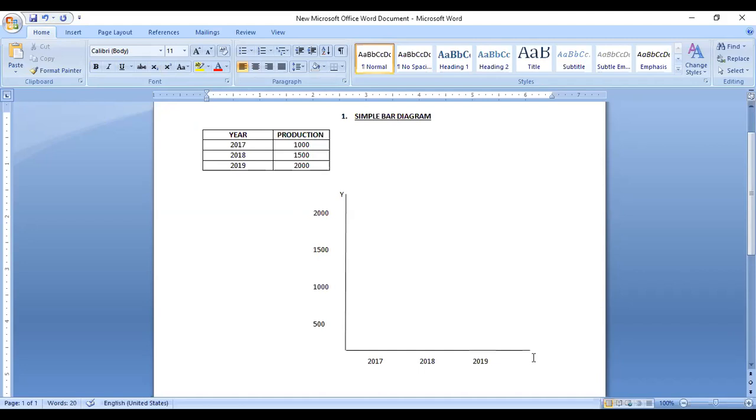And this is x axis. This is O, that you know it.